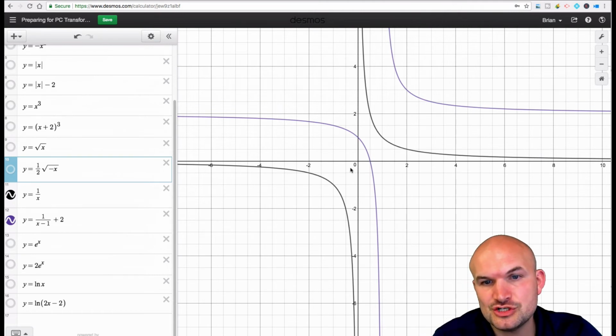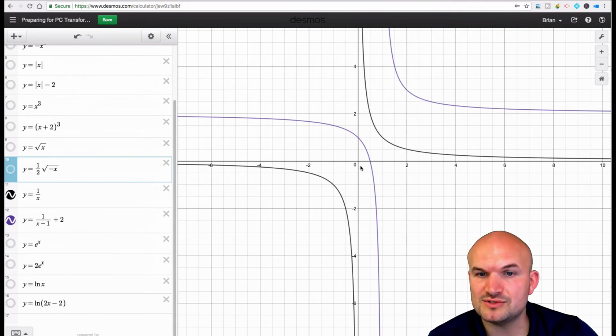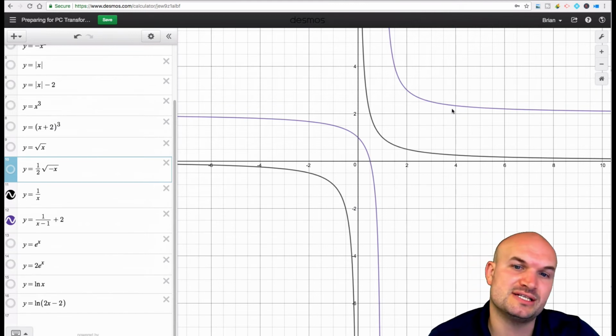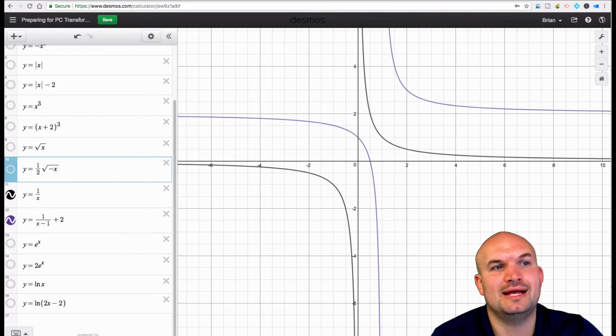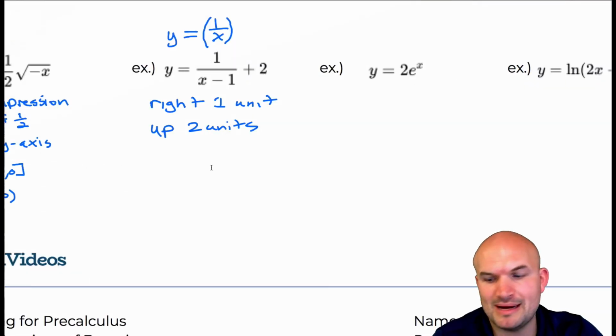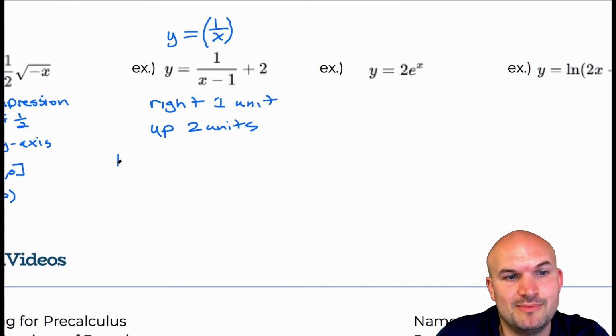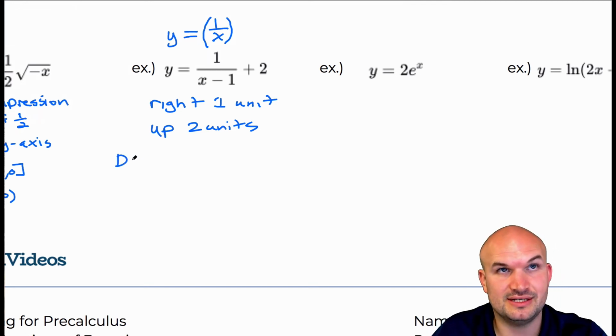And the range used to be undefined for when y equals 0. Now it's defined for all values below 2 and for all values above 2, but not when y equals 2. So my domain, again using interval notation, is going to look something like this. So I'm going to write domain. That's going to be from all values to the left of 1, so negative infinity to 1, and then from all values to the right of 1.